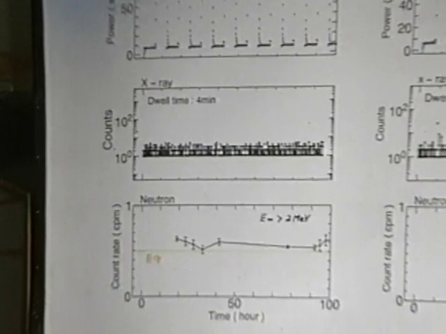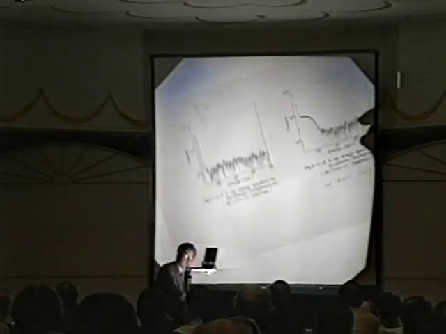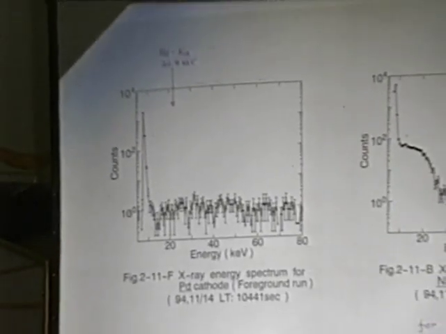We have some burst around here for nickel. And for neutron, only a little bit of excess above background, almost background. We are taking this kind of data with a particle spectrum. This is the X-ray spectrum corresponding to that kind of burst events. We have this kind of spectrum.